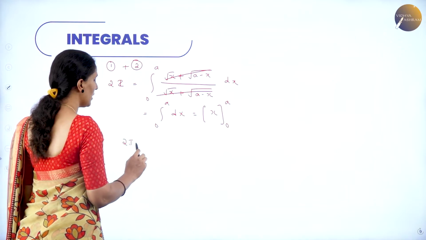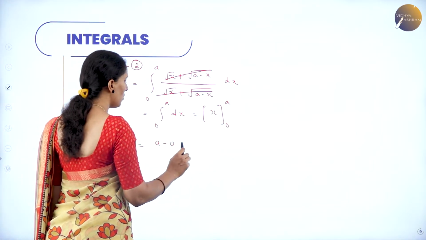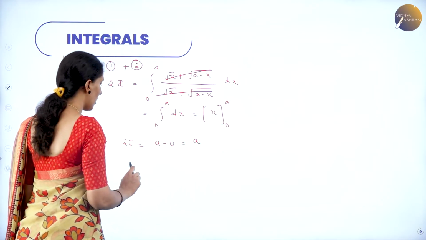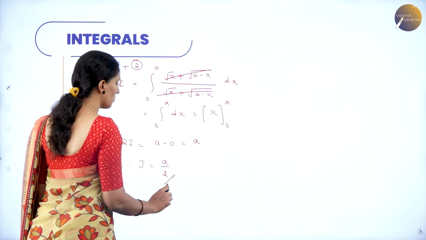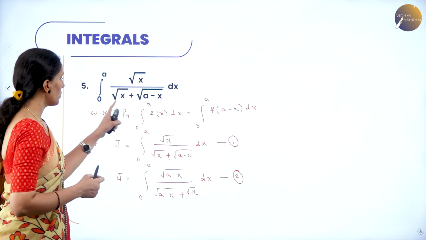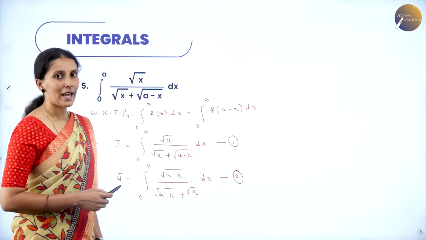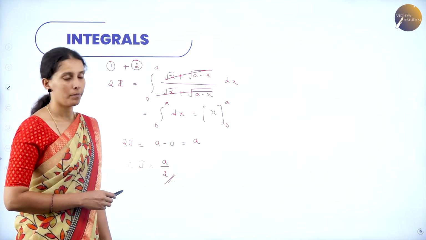Now 2I is equal to, if you substitute the limits, a minus 0, which is equal to a. So therefore the integral value is a divided by 2. So very simple problem using the properties. Using property number 4, we can add the two integrals and find the value of the integral.